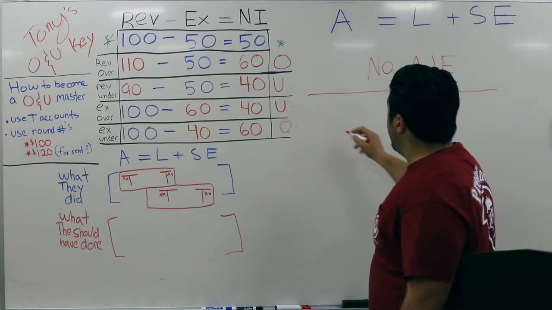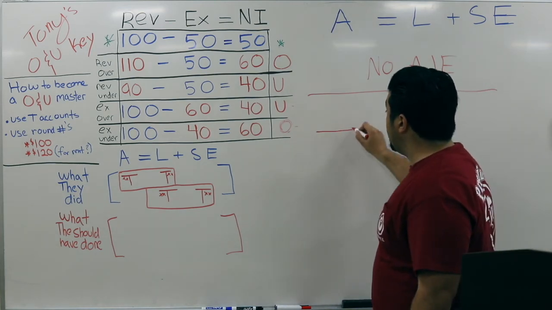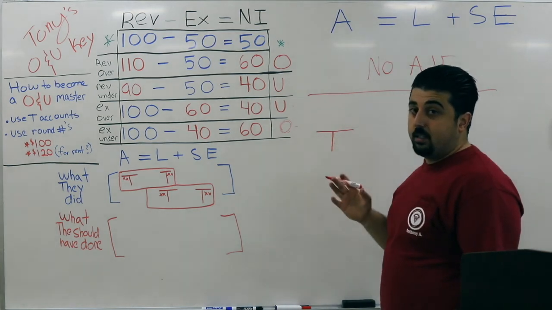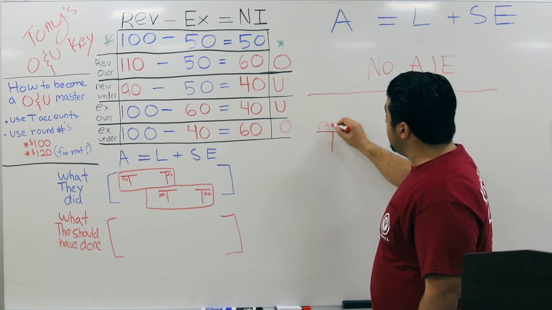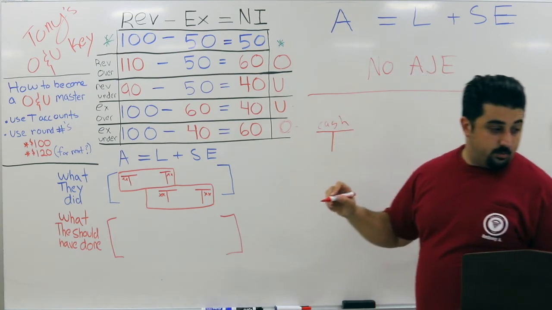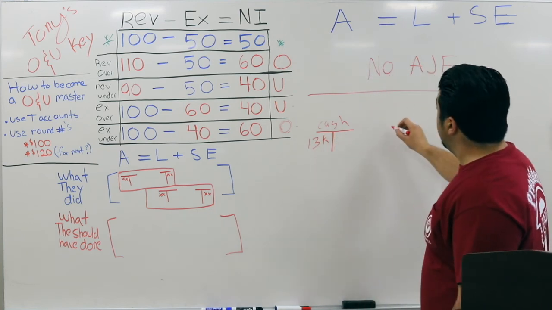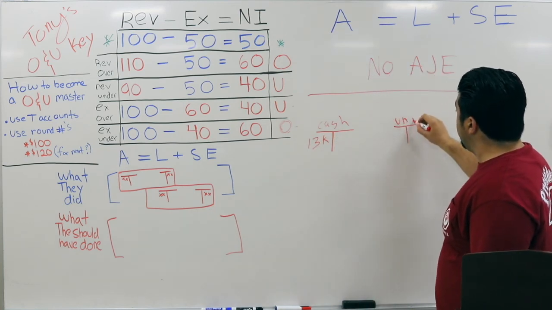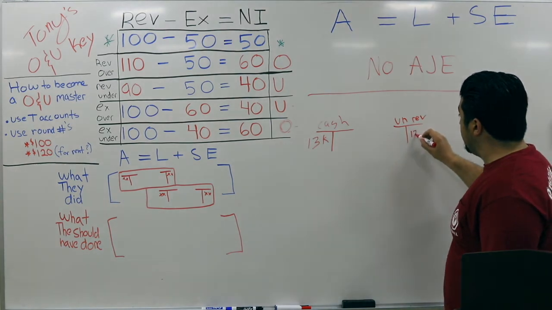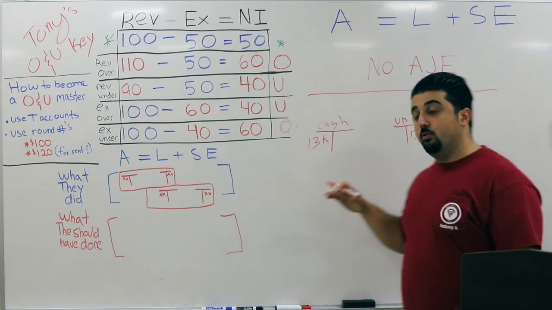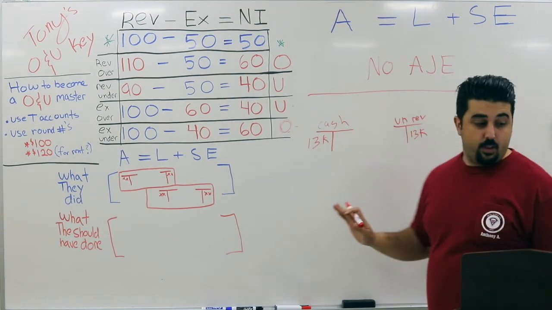Alright, so we'll backtrack on this one. Unearned service revenue is a liability. So when you get your cash, you debit cash, what's the number? 13K. And liability of unearned revenue of 13K. Because you still have an obligation to fulfill to recognize this revenue.